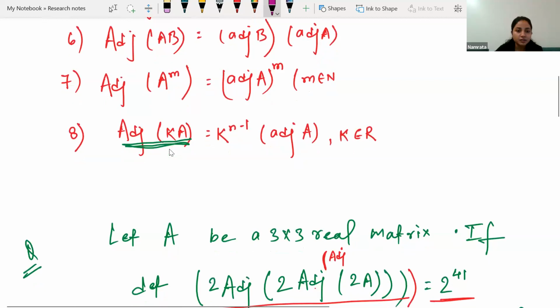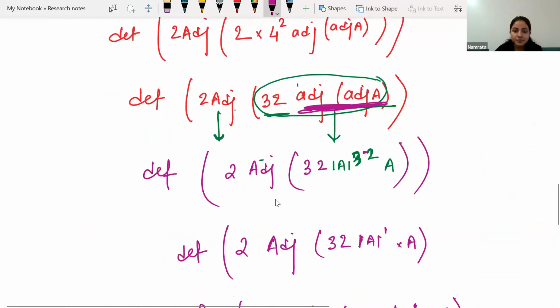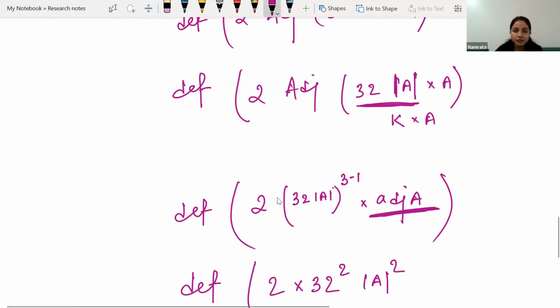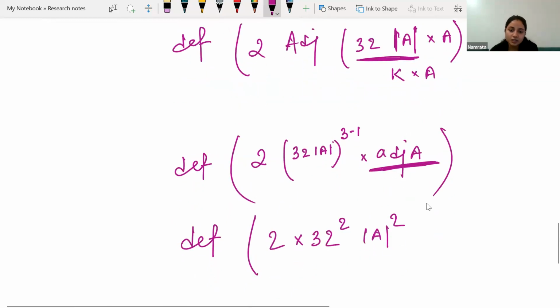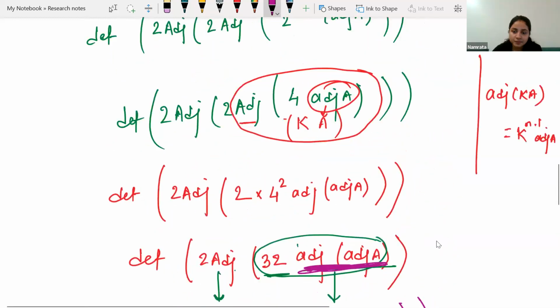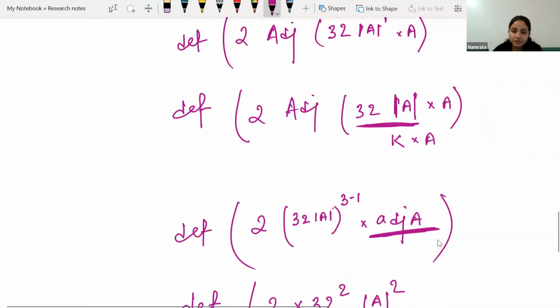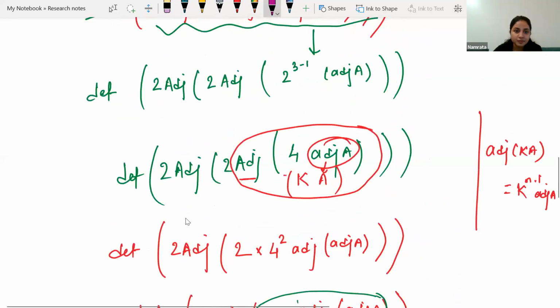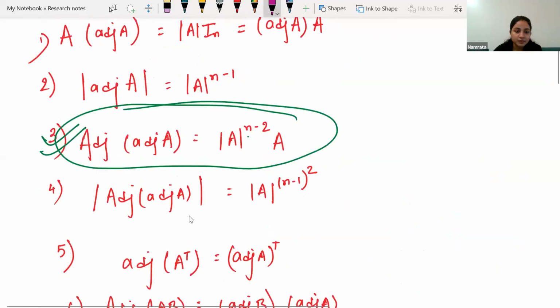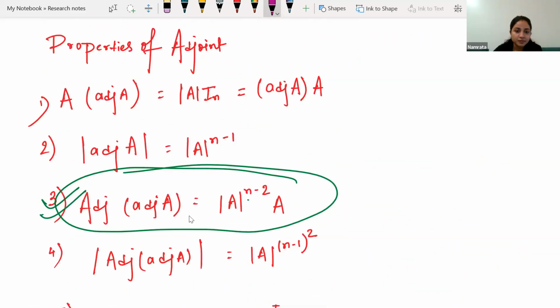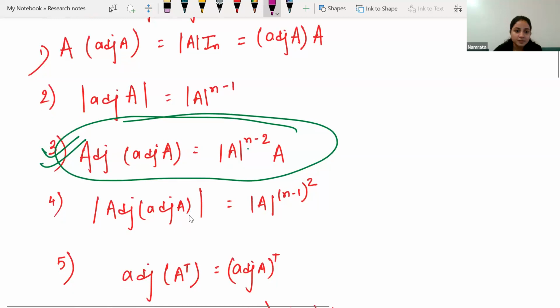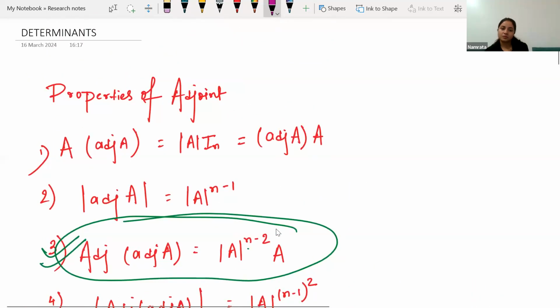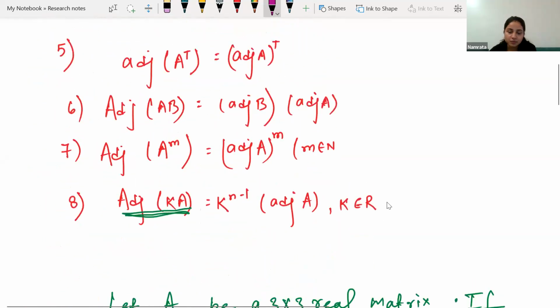Which property can we apply? Are we missing anything over here? Just a moment, let me check the question.